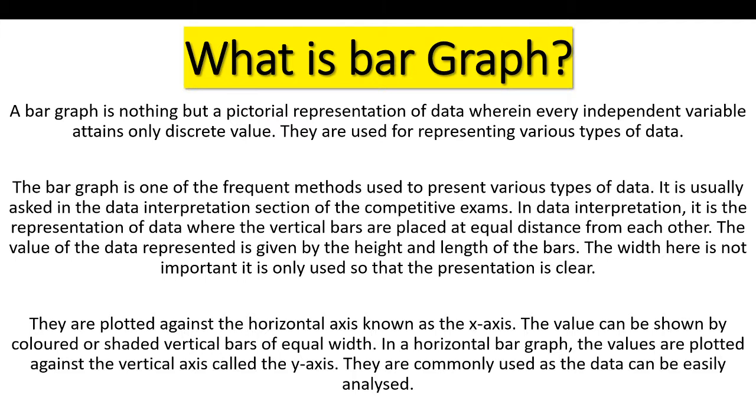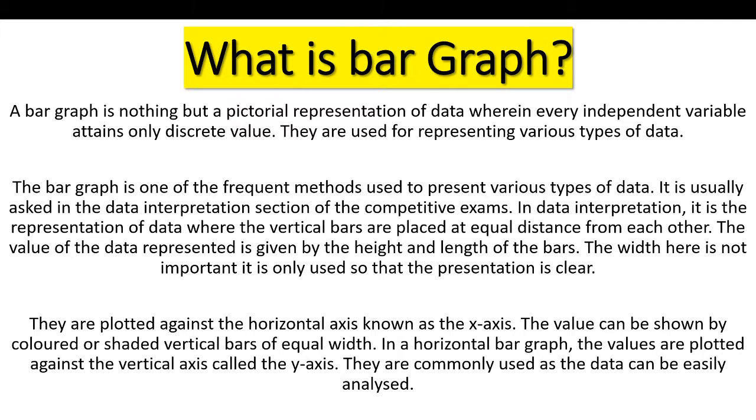So in data interpretation, it is the representation of data where the vertical bars are placed at equal distances from each other. The value of the data represented is given by the heights and lengths of the bars. The width here is not important. It is only used so that the presentation is clear.